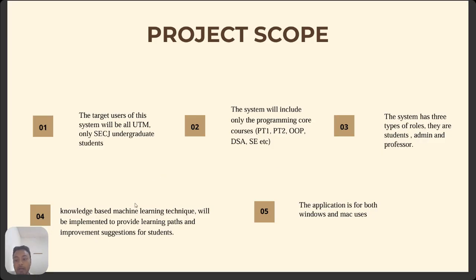A knowledge-based machine learning technique will be implemented to apply some of the AI integration, and we will also use LLMs. For LLM, we basically use the Gemini API and the ChatGPT API as well. And the application is for both web and mobile users as well.